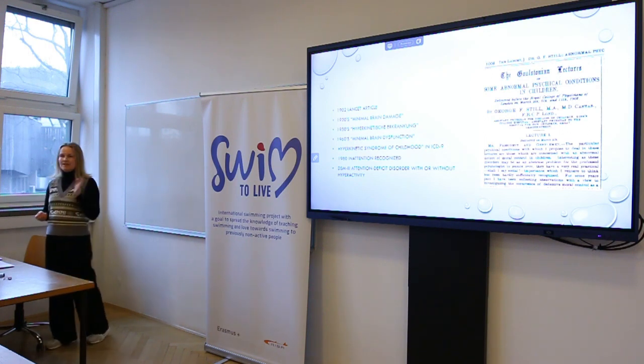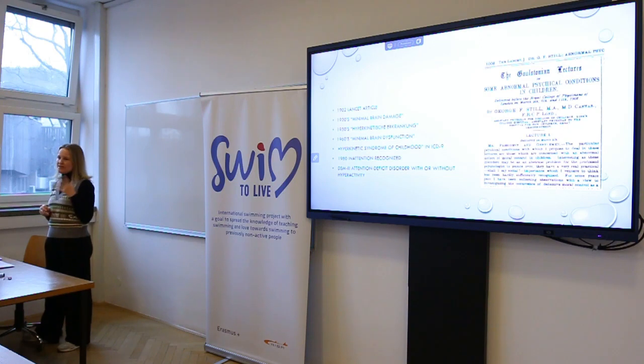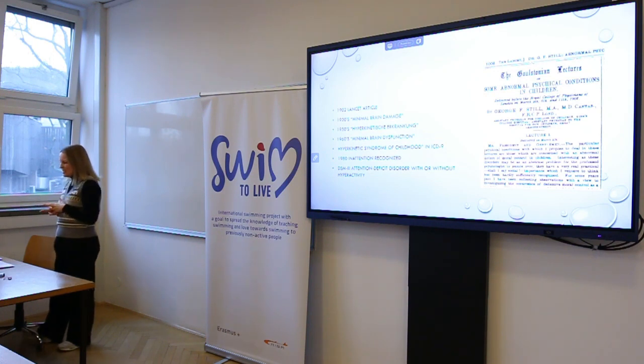But this is scientific literature. The Lancet is one of the main clinical journals, and you have to have really good data to be published in the Lancet. The first article about ADHD was in 1902, and afterwards there were many articles, the numbers going on and on.